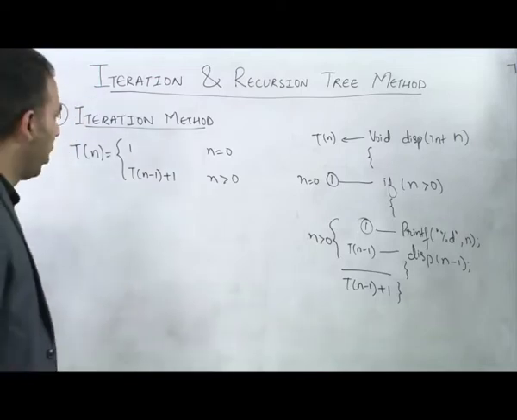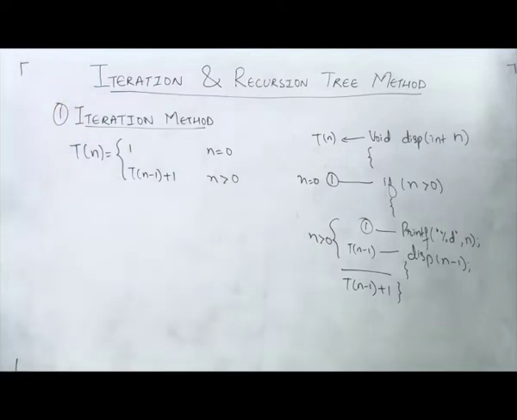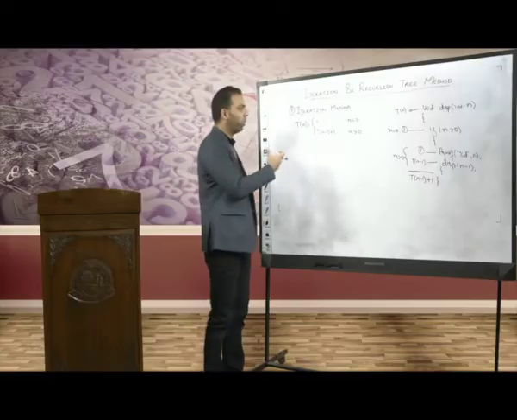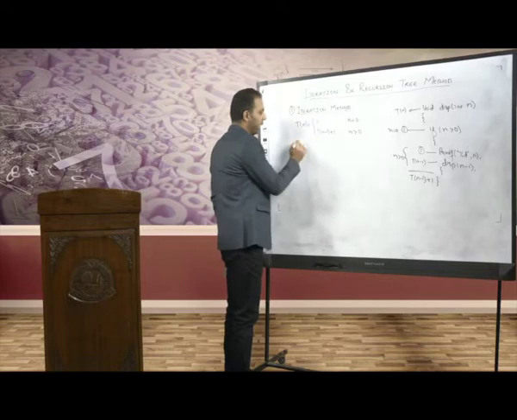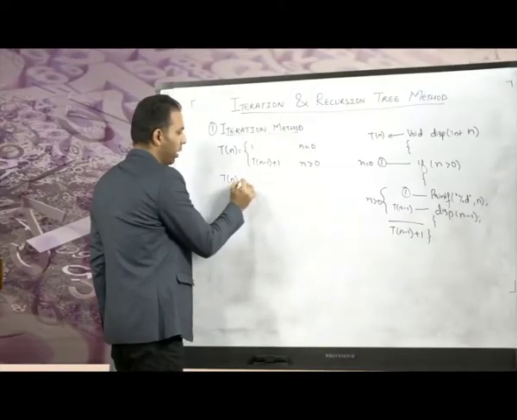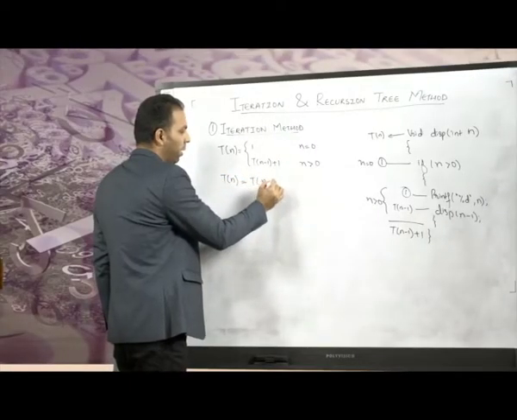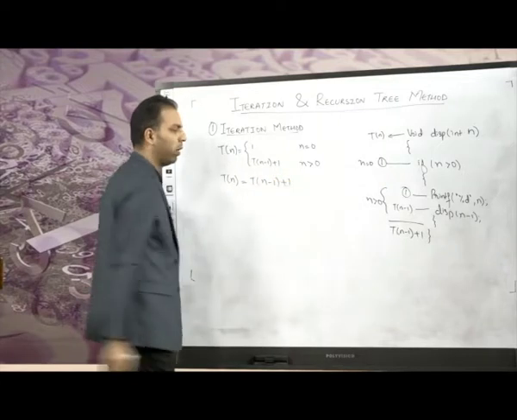Now we'll use the iteration method to solve this recurrence. So we will take this case, that is, T of n is equal to T of n minus 1 plus 1.